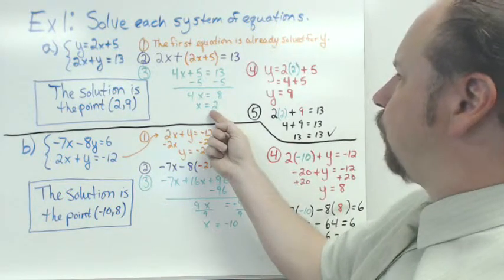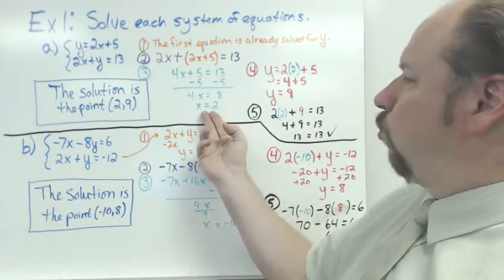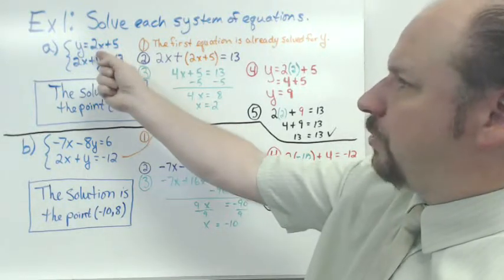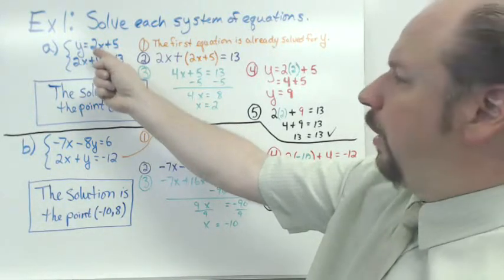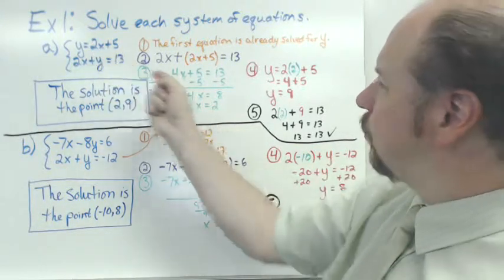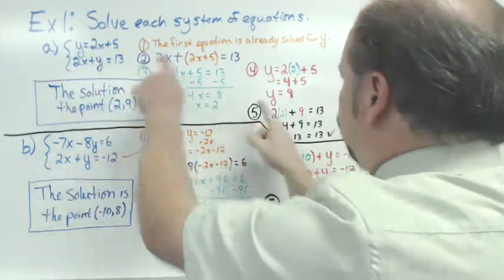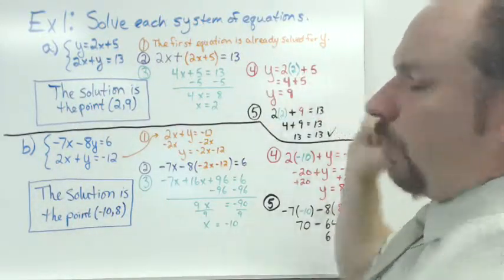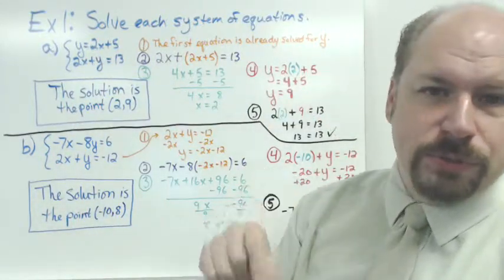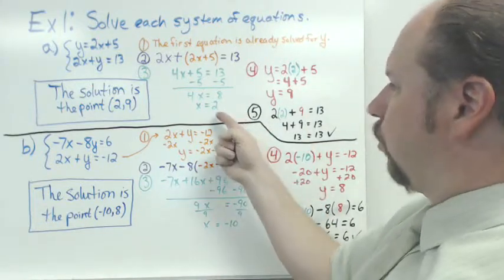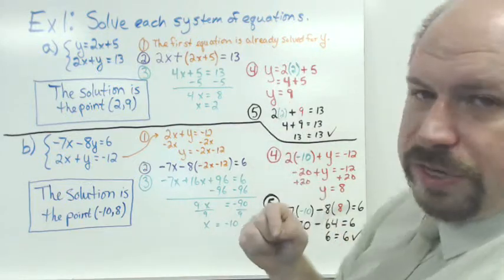Now that we know what x is, we can substitute it back into the other equation and solve for y. So y equals 2 times 2, plus 5. 2 times 2 is 4, plus 5 is 9. So our answer is x equals 2, y equals 9.